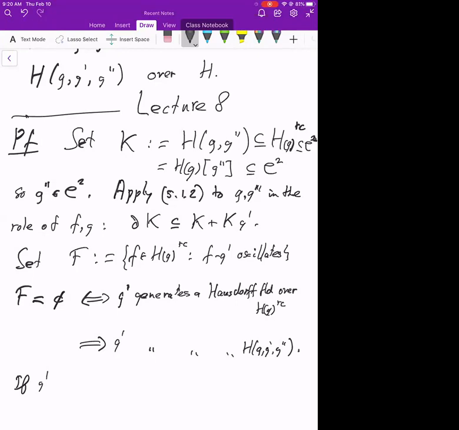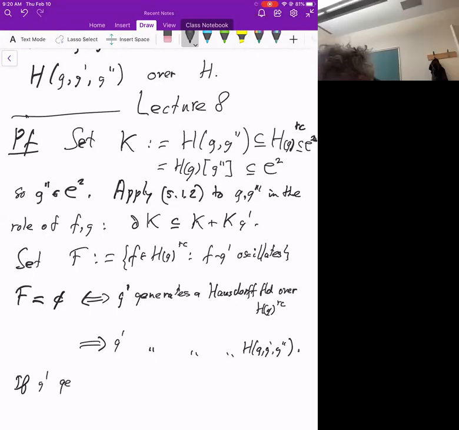But if G prime generates a Hausdorff field over H, G, G prime, G double, then in fact it is a Hardy field.